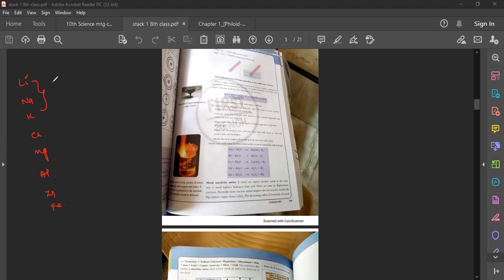That means even with a small amount of water or oxygen, they will release a large amount of heat. Whenever sodium or potassium contacts a small amount of water or the oxygen present in the air, it will release a large amount of heat along with hydrogen gas.